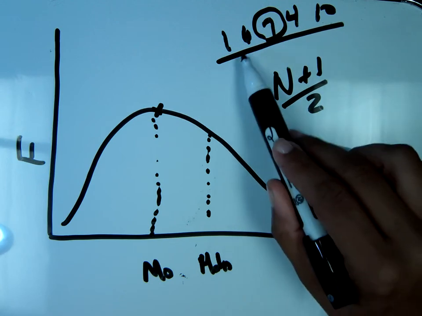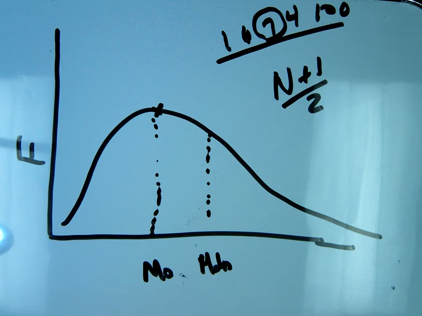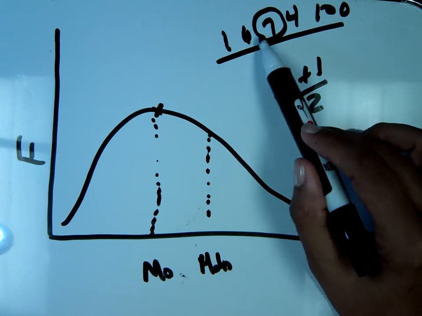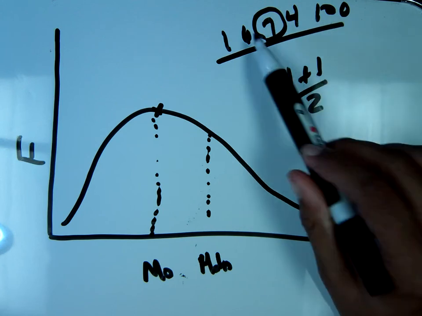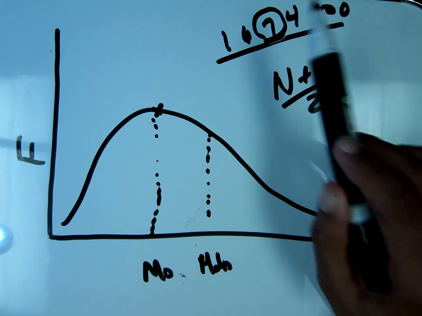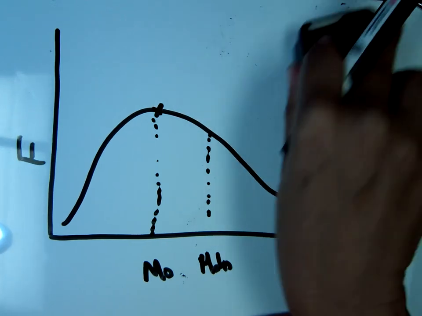Or the numbers could be 1, 6, 7, 4, and 100, and the median stays the same. The median is just position or place. So we would have 5 plus 1 is 6 divided by 2, which is 3, so you'd find the third position, right? So here your median is going to stay the same because it's right in the middle.